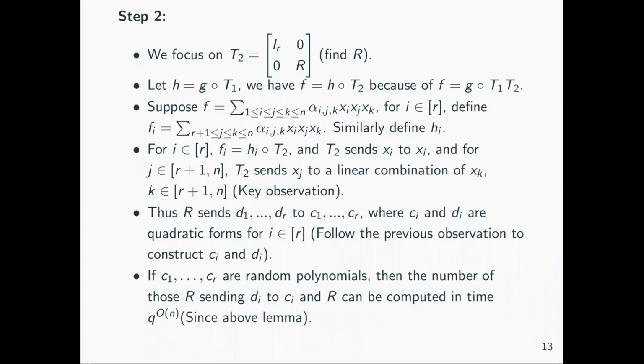Ci and Di are quadratic forms for i from 1 to R. Okay, if C1 to CR are random polynomials, then those R sending Di to Ci for i from 1 to R can be computed in time q to the O(n) because of the above lemma.